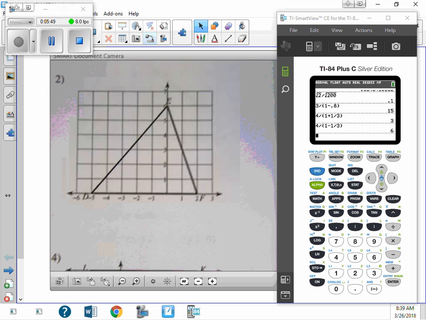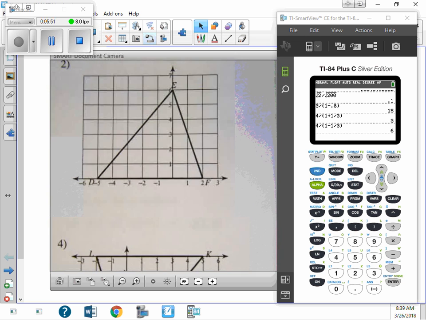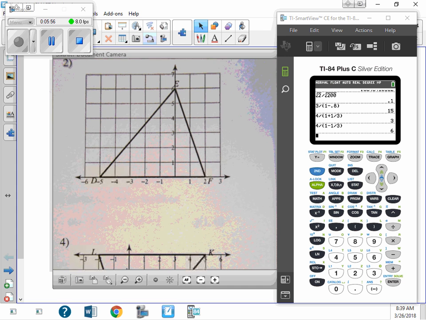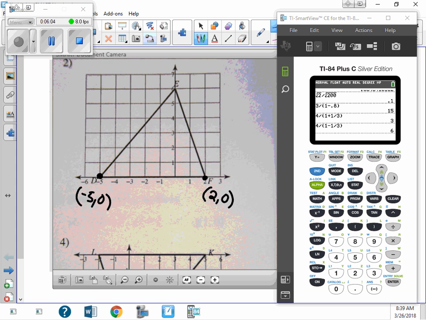Okay. Now I need to find the 3 midpoints. So the first one, this point here, this point is -5, 0. This point is 2, 0. And this point is 0, 6. So I need to find all 3 midpoints. And the midpoint formula is x plus x divided by 2, y plus y divided by 2.